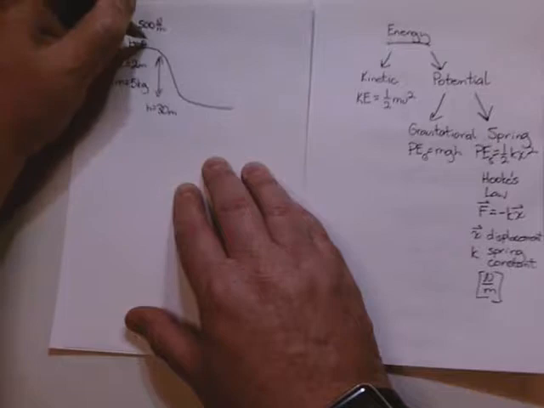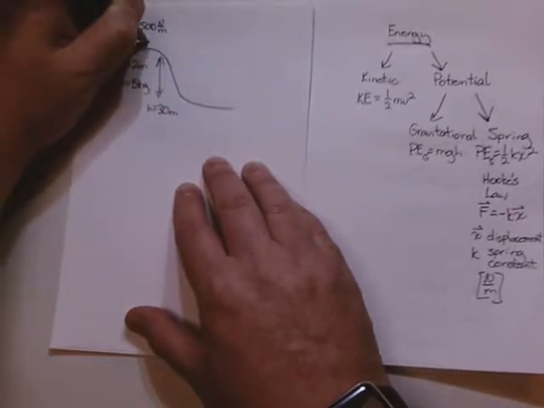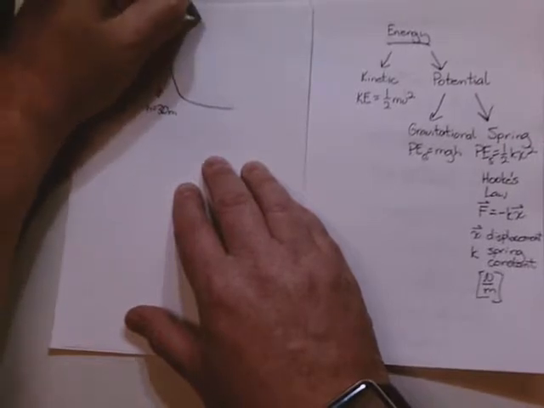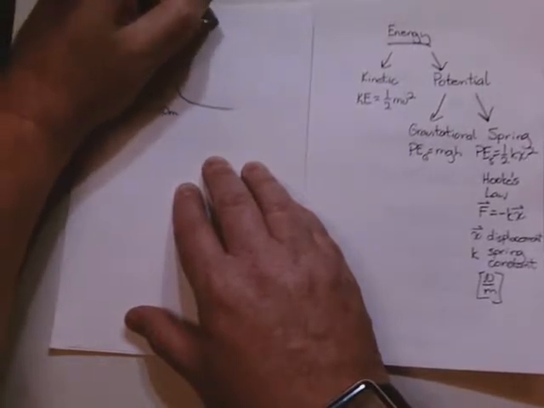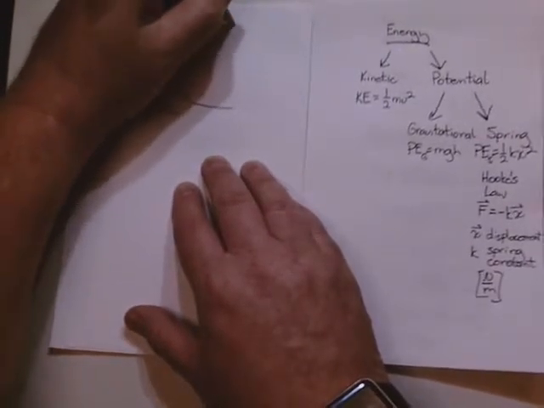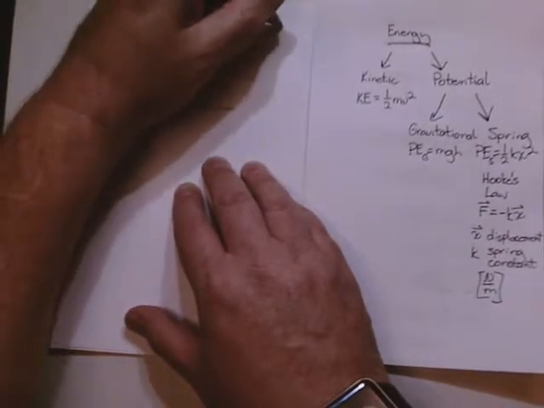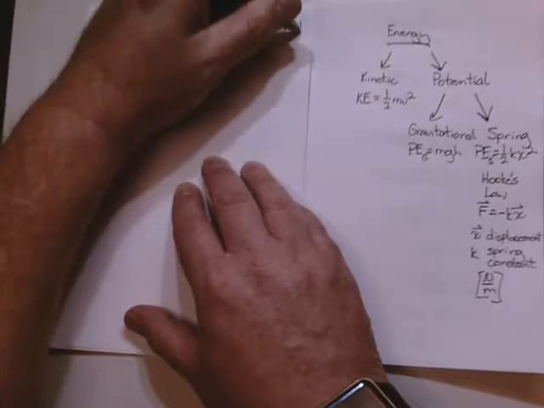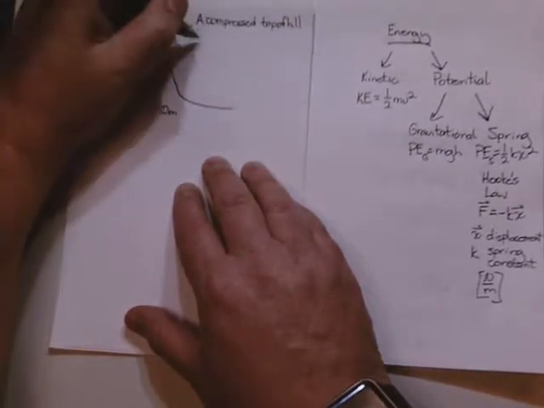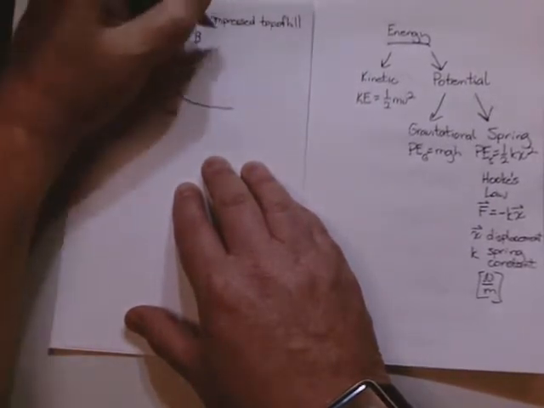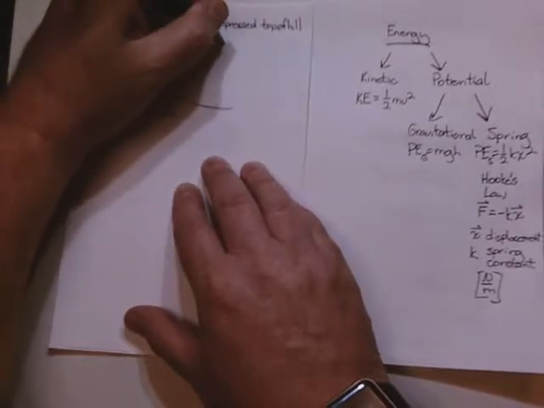What I want to know is, so there is position A, and position A is compressed, top of hill. There is B, which is uncompressed, top of hill.